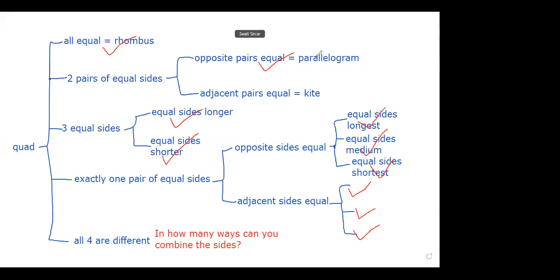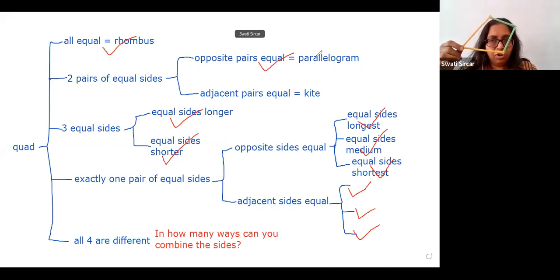Ma'am, the distance between two parallel sides is always equal, but in a kite it's not possible to have opposite sides equal. For a given side combination, no. In all of these cases, given the side combinations, we made it parallel. In this case, given a side combination, it is not possible to make any two sides parallel.